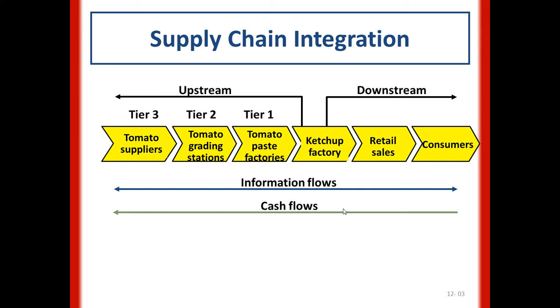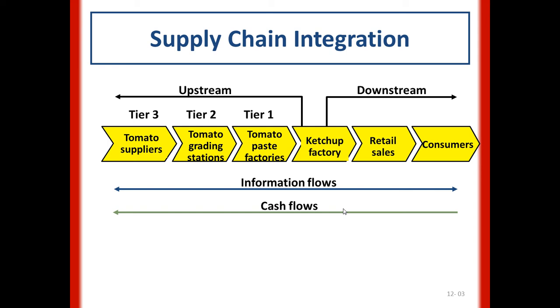And in this picture, we call all suppliers the upstream supply chain. Based on the central firm perspective, the downstream supply chain includes all companies related to the end product, which may include retail sales and customer.